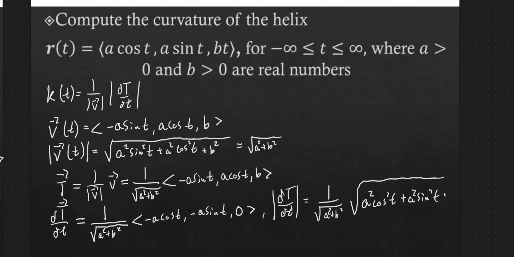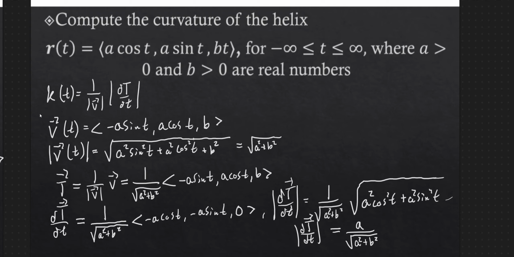It's got no z component, so just 2 terms here. That's really just a squared. I'm assuming a is positive, and so the square root of a squared is just a. And so what we get here is a over the square root of a squared plus b squared. So that's the magnitude of the derivative of my unit tangent vector.